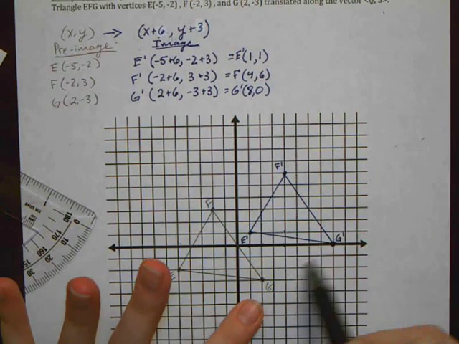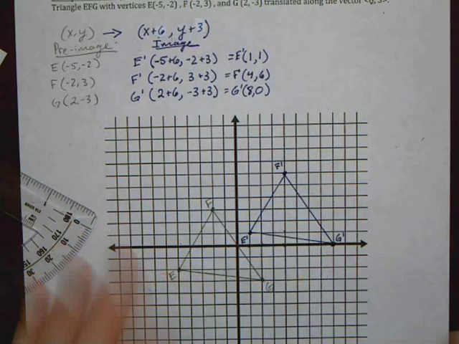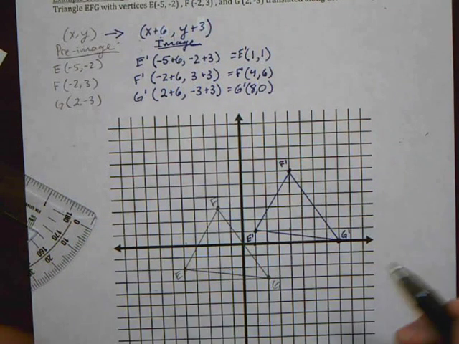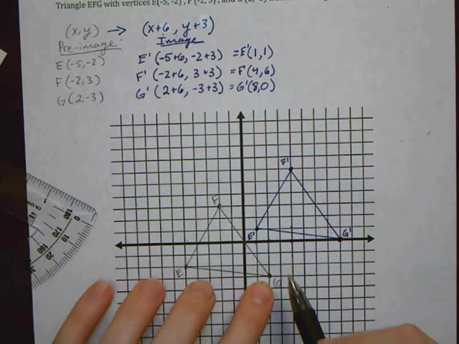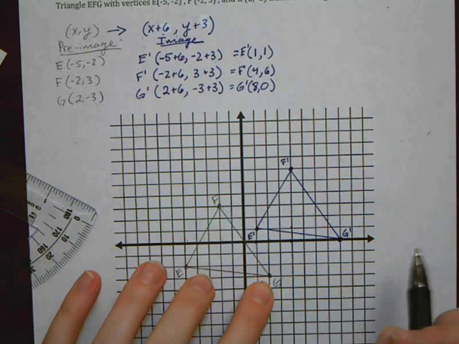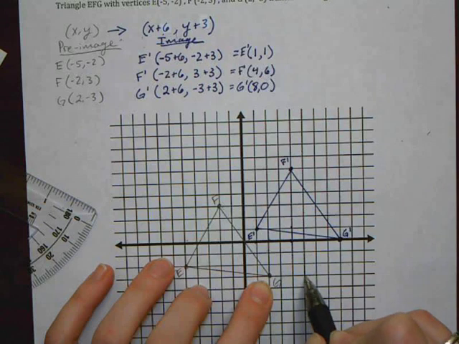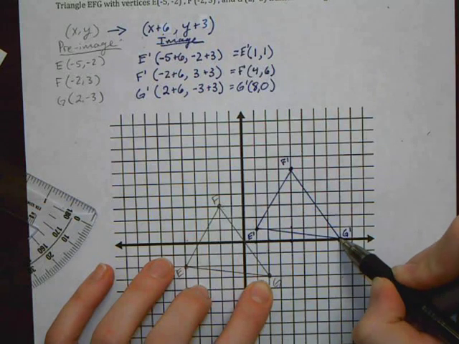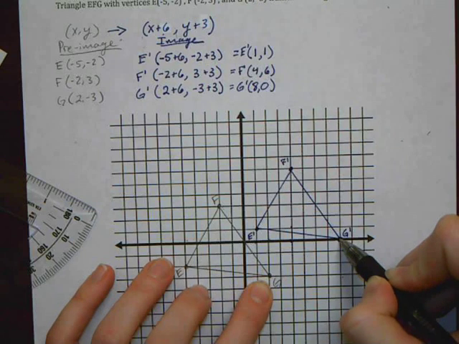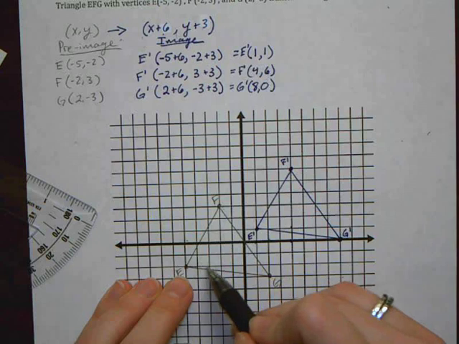It says the definition of translation says that each point should be moving along a vector in the same direction and the same distance. So that means that if you take this point, and I'm told that I am translating to the right 6 and up 3, then from this point you can count over to the right 1, 2, 3, 4, 5, 6, and then up 3, and that's going to land you right on your new coordinate.